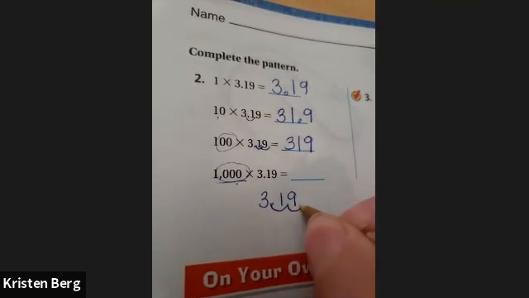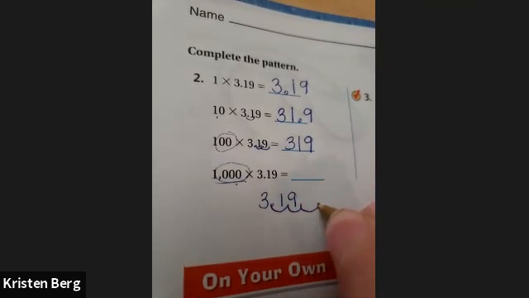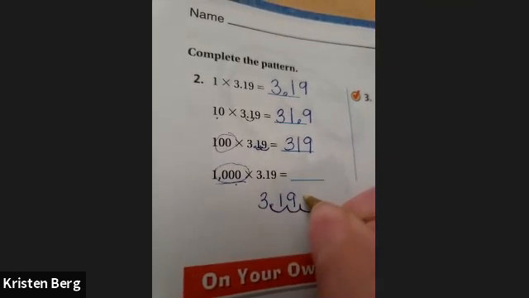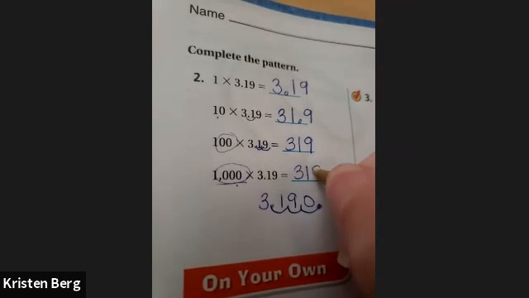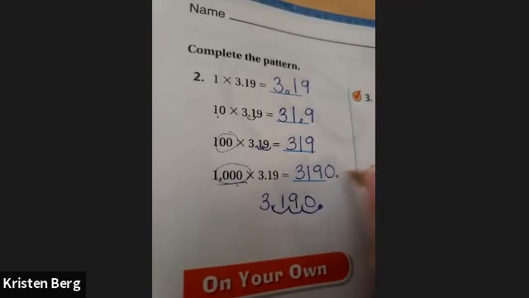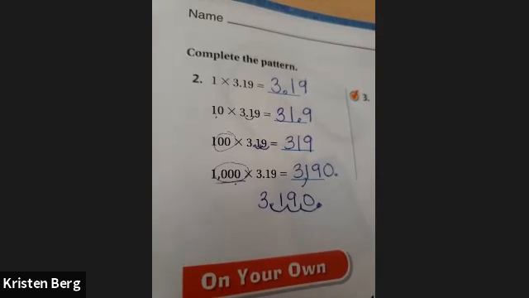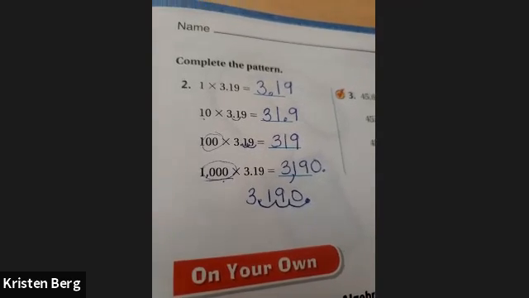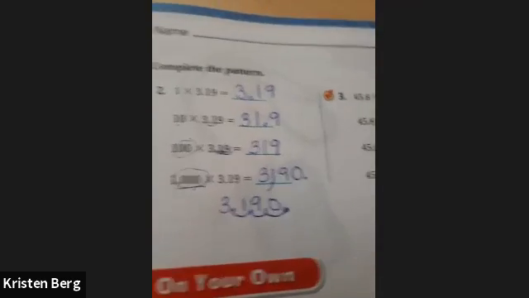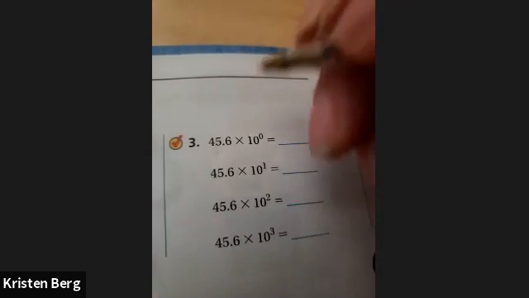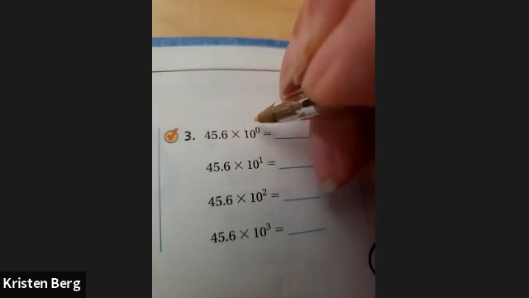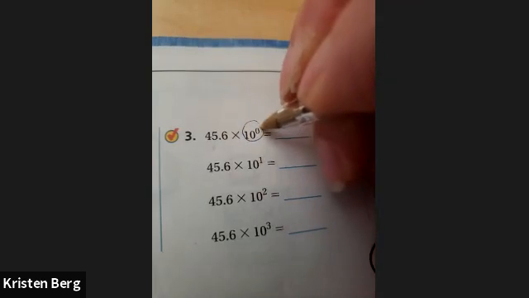So 1, 2, and then 3. So now I need a 0 here to hold that place. So really, this is my number. My decimal's back here, so that means 1, 2, 3, and then a comma. So that would be 3,190.